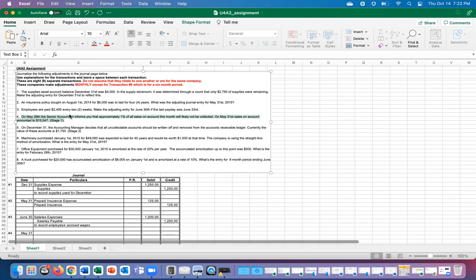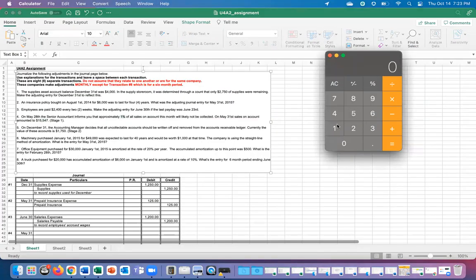So in this case, our total sales, or our total accounts receivable, is $15,547. And to figure out what percentage of that we're not planning on collecting, all we have to do is multiply that number, 15,547, by the percentage that we don't think we're going to get, which in this case is 1%. So again, I can pull up my calculator.